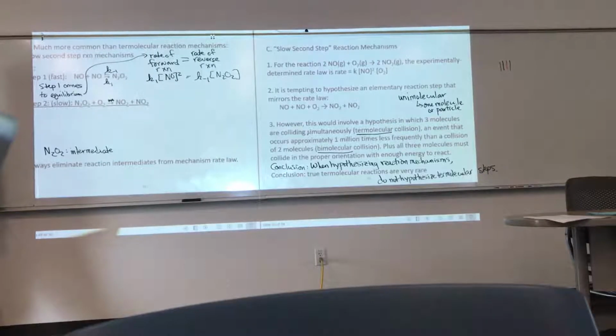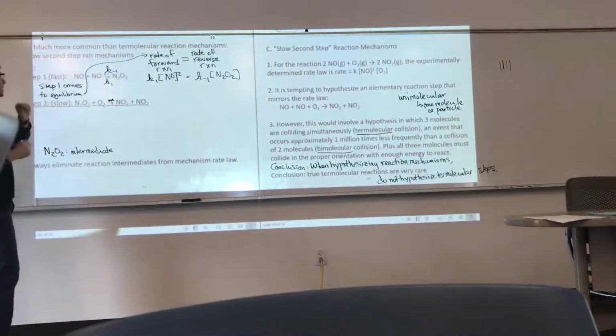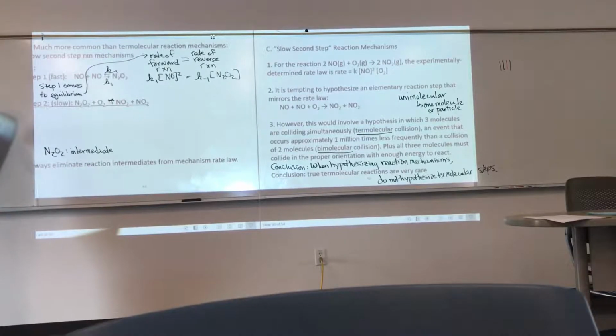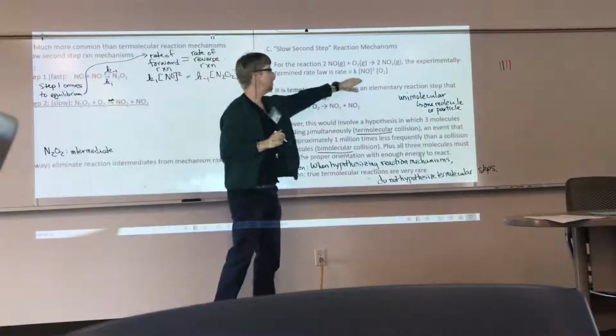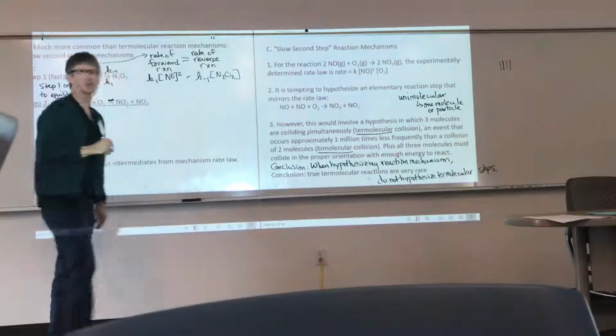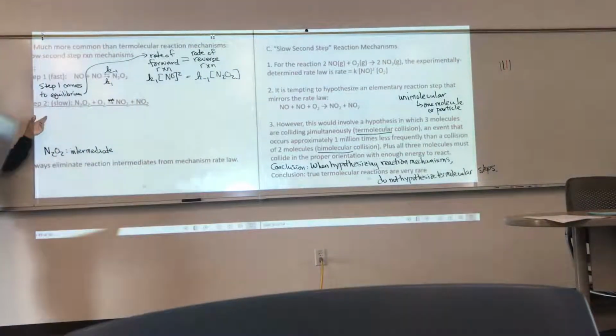And perhaps I'm getting a little ahead of myself. Remember, there's two things that a good reaction mechanism must have. One, the experimentally determined rate law must match the rate law for the mechanism. And we have that over here. Two, the steps have to add up to the overall reaction. Let me just take a second to make sure that this adds up to the overall reaction.